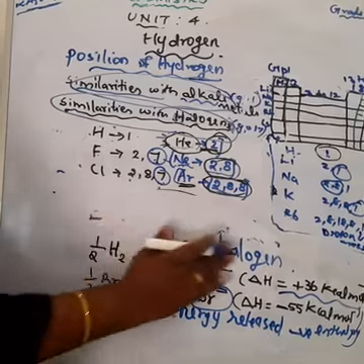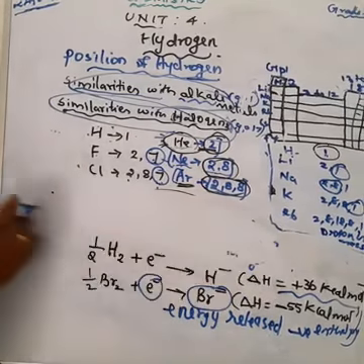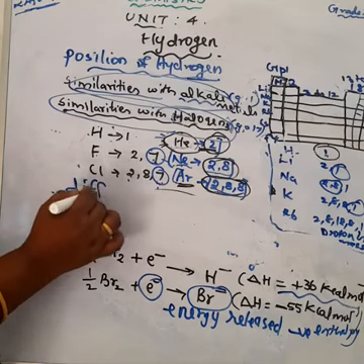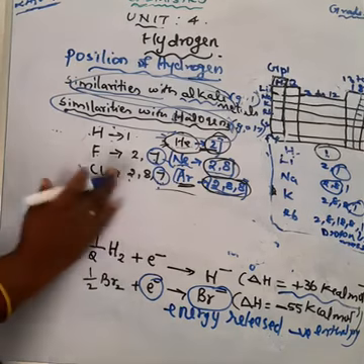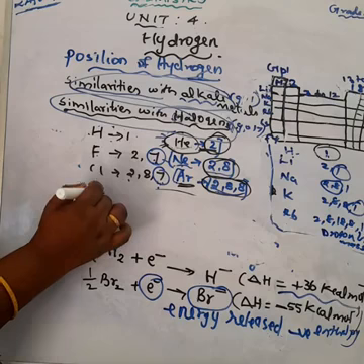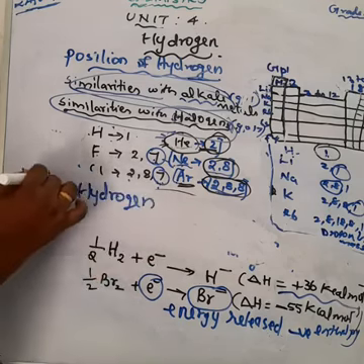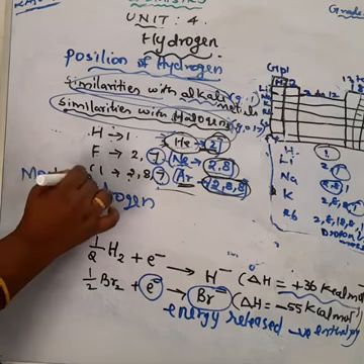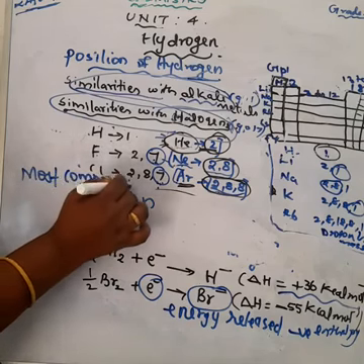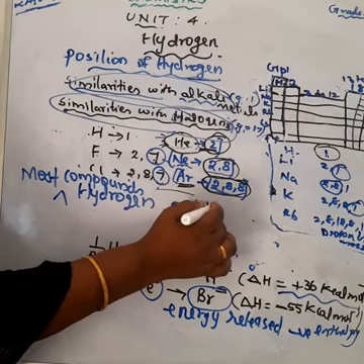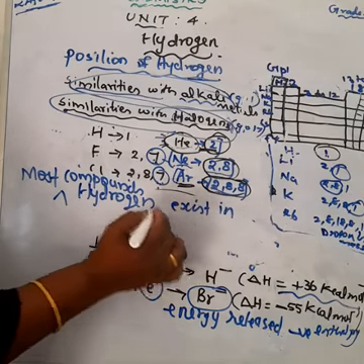However, in most of its compounds, hydrogen exists in the +1 oxidation state. This is important. For example, take the water molecule H2O. What is the oxidation state or valence of hydrogen here?